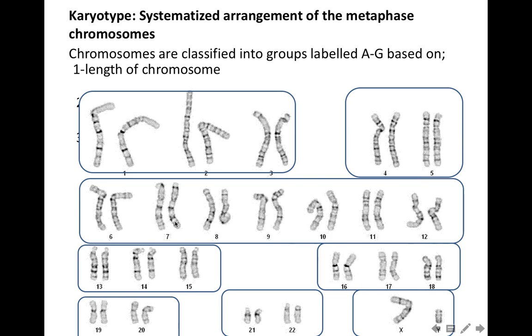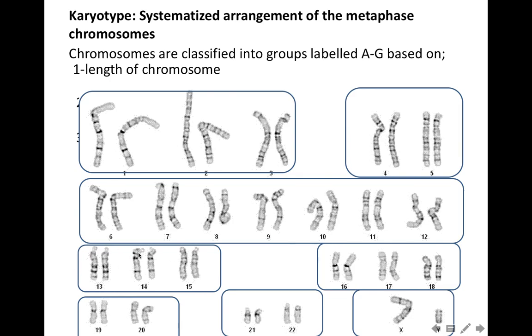Then you have the group from 6 to 12, and these are intermediate length, and their centromere is sub-metacentric. Then group D, they are intermediate in length, but they have the centromere at the peripheral end of the chromosome, so they are called acrocentric chromosomes.